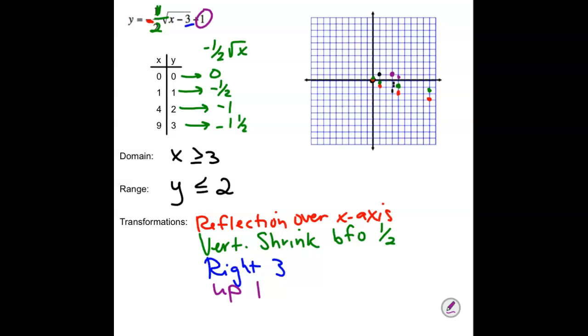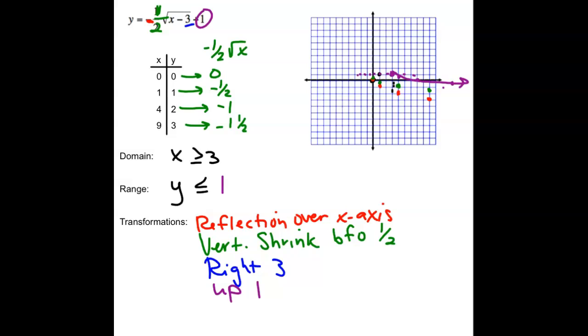Okay, right 3 and up 1, and right 3 and up 1. All right, there we go. Okay, so domain still is x greater than or equal to 3, but my range y should be less than or equal to 1. That's the highest I get there.